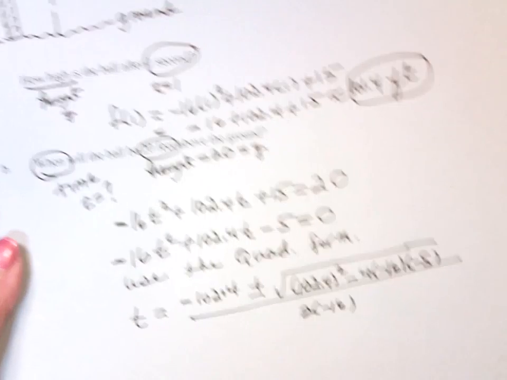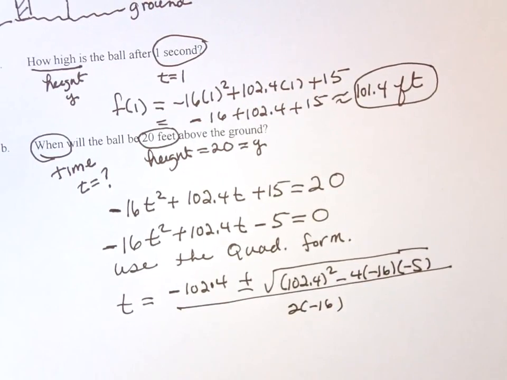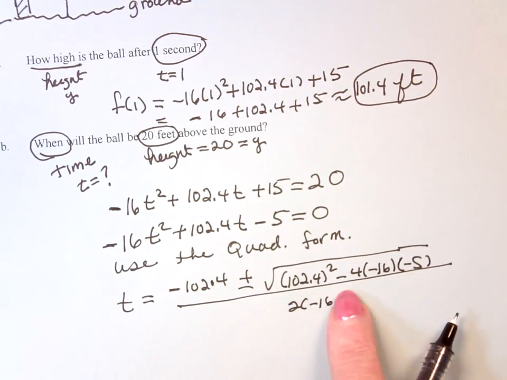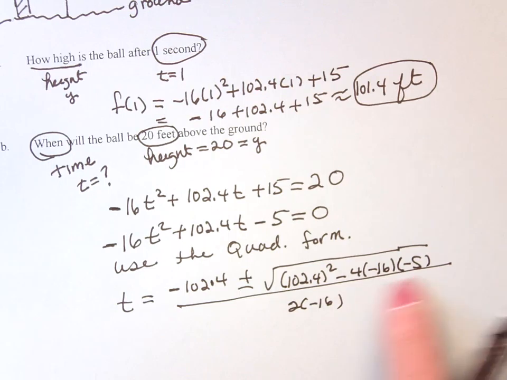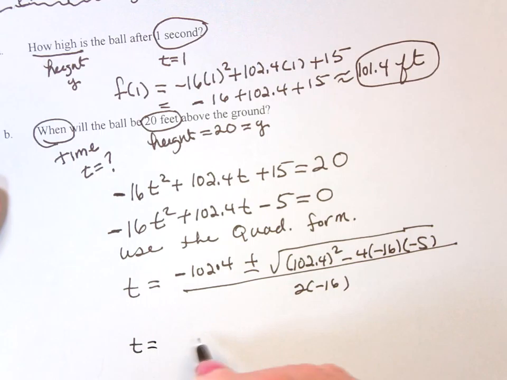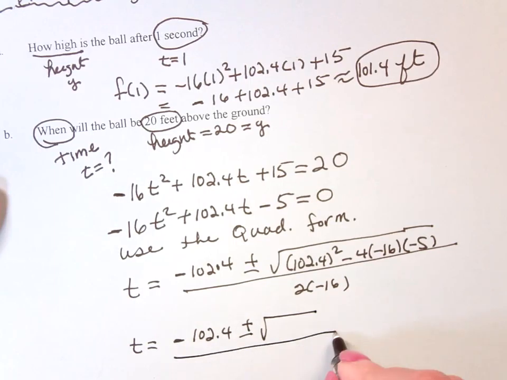I don't really have to care what the numbers are because the quadratic formula is going to handle it all for me. So t is minus 102.4 plus or minus the square root of something, all over negative 32.